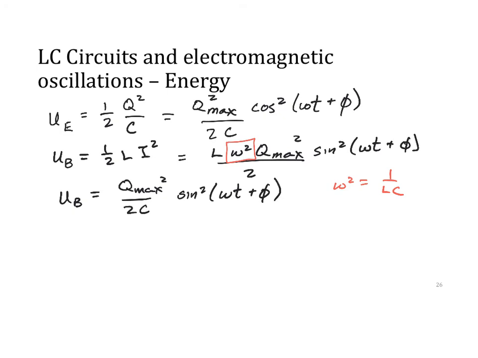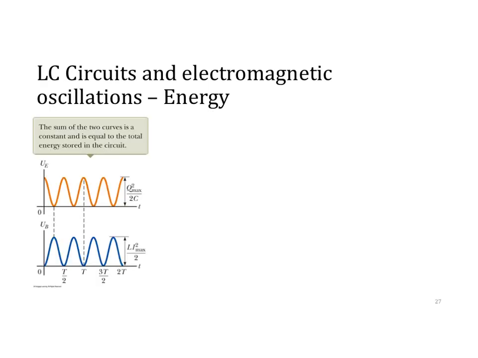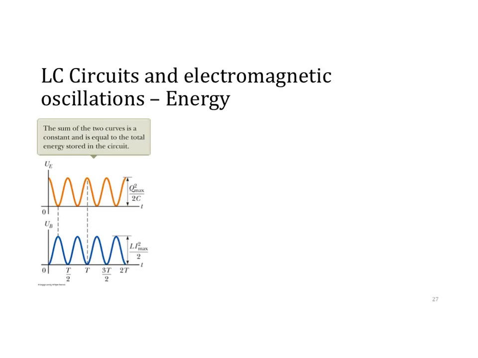So the energy stored in the electric field of a capacitor then gets stored in the magnetic field of the inductor, and it oscillates like this with the sine squared or the cosine squared function. If we look at what happens when we just set phi equal to 0, and the way we do that is at time equals 0, we start all our energy in the electric field and none of our energy in the magnetic field.